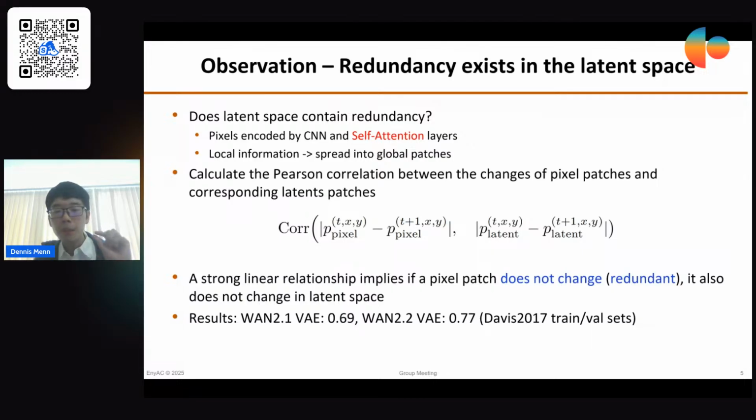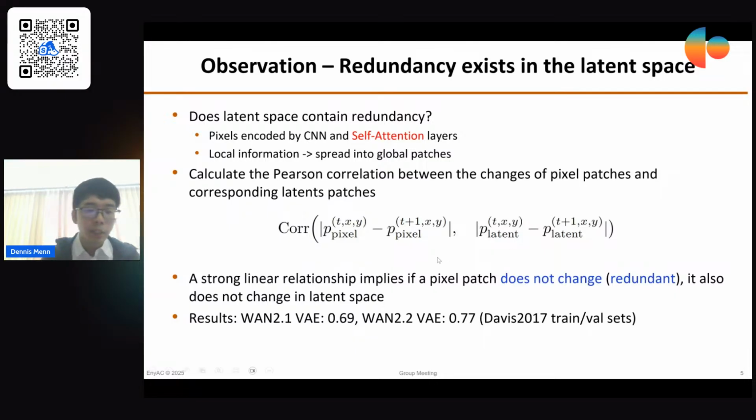If this strong correlation exists, it means that if the pixel does not change, then the latent patch also does not change. And what not changing means is basically redundancy, because you have a lot of identical patches. Then why bother re-editing or retransmitting them?